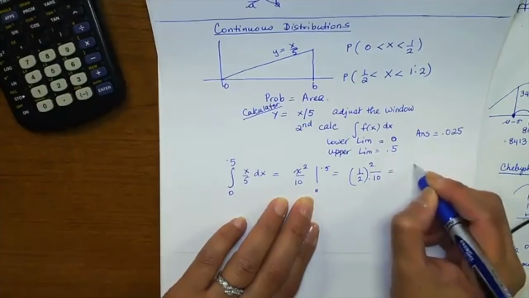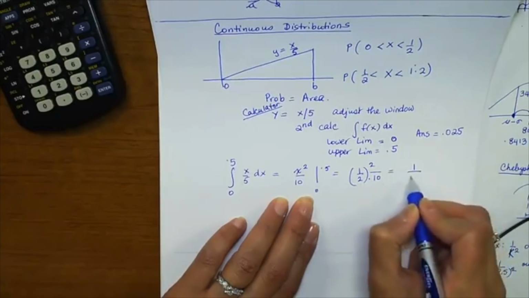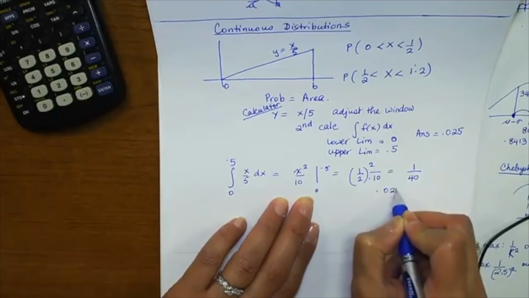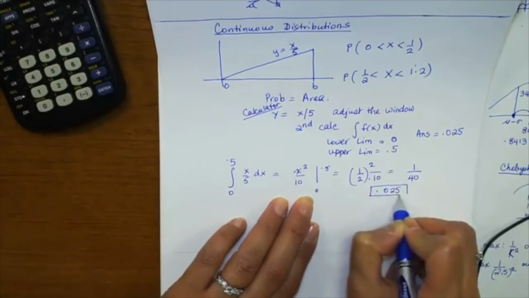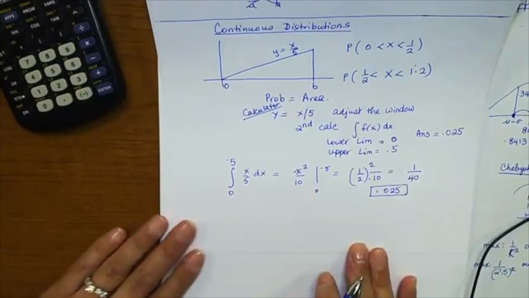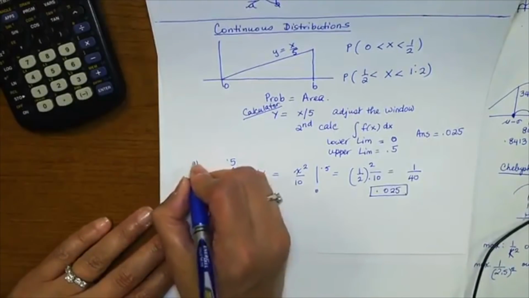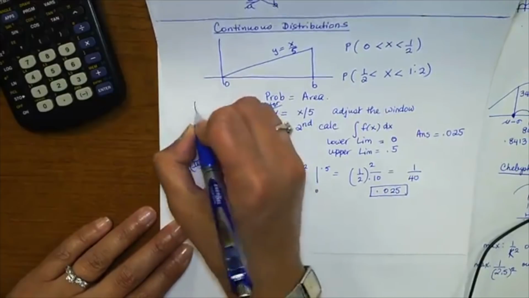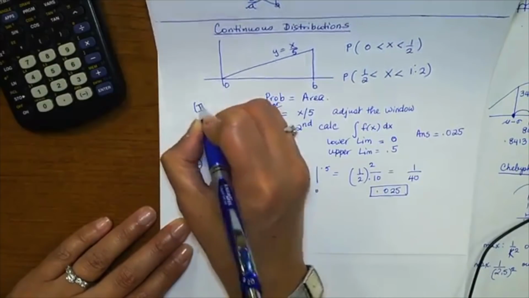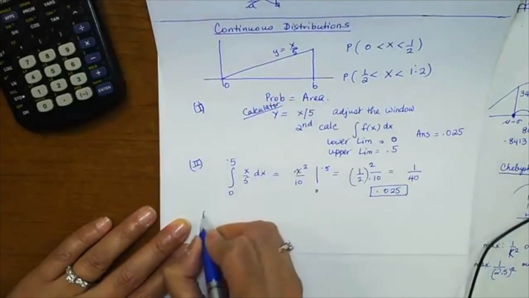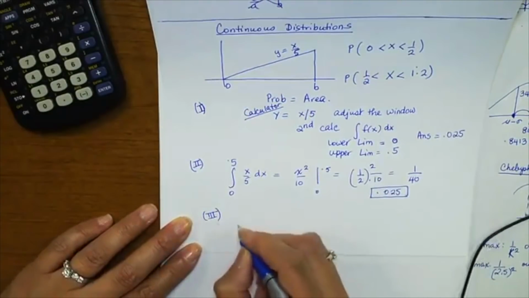So I get 1 over 40, which is 0.025. Same answer. That's the second way to do that problem, right? Is to just go ahead and integrate. If you don't know how to integrate, just ignore me, okay? It's not that important.